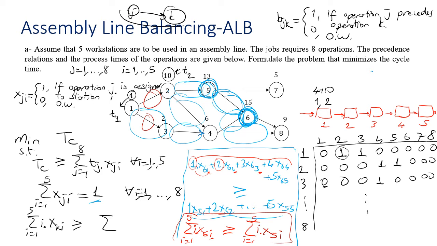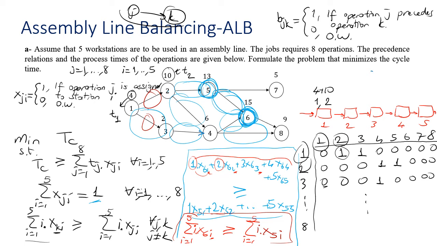So I'm writing a constraint between these two general tasks. So I'm first writing the second one, k. And now I'm writing this again, I from 1 to 5, I times xji, and I'm going to write this for all tasks j and k, such that j is not equal to k, so that there is no precedence relationship between 1 and 1, 2 and 2. Okay, j and k different.